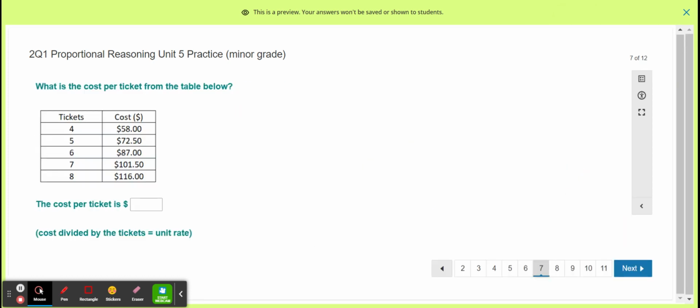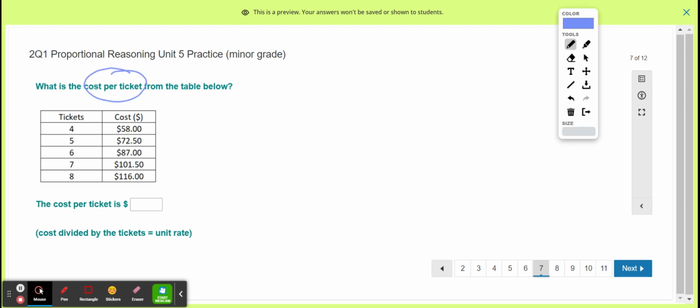So looking at problem number 7, we're going to find the cost per ticket. So we need to find out what is the total cost and break it down into the unit rate. So we have $58 for 4 tickets. We can use a proportion to solve this. Some of you might have just divided right off the bat. That's just fine.